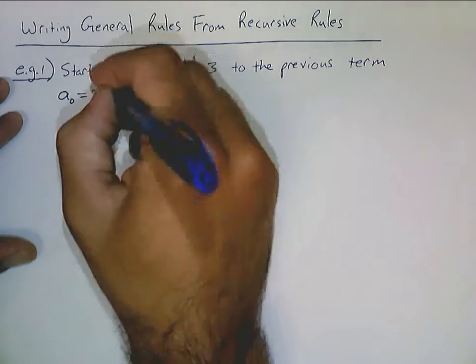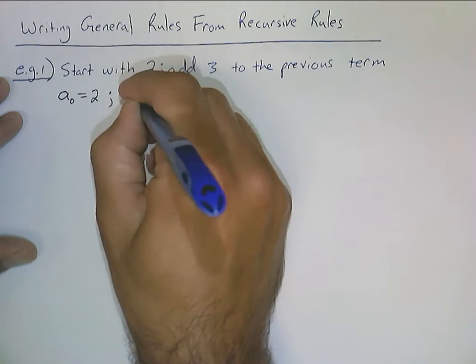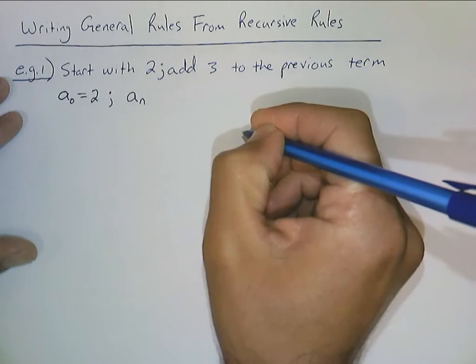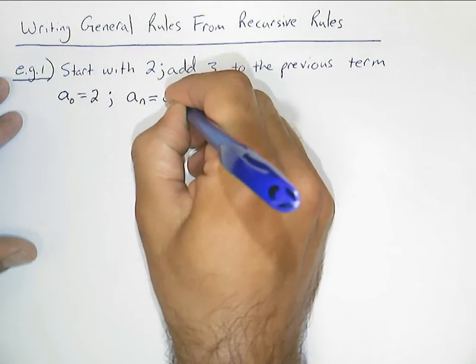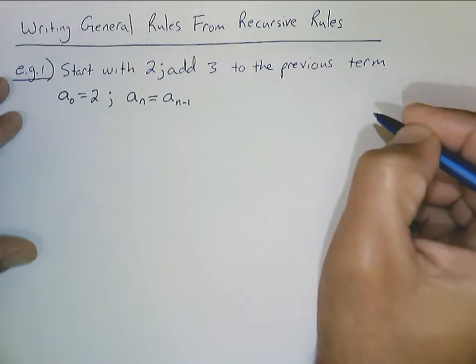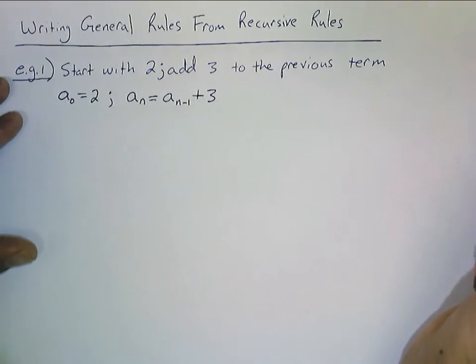And then if we want to get to any particular term a sub n, we're going to take the previous term, which would be, of course, a sub n minus 1, and then we're just going to add 3 to that.